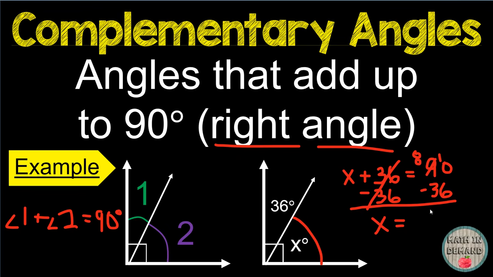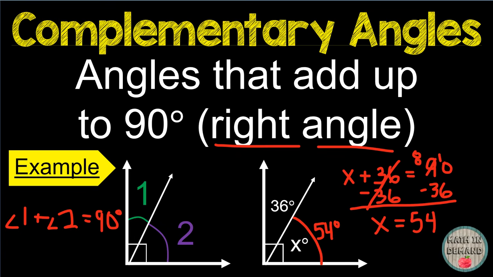This becomes 4. 8 minus 3 will give me 5. Therefore, x equals 54. Now, since I'm looking at this right here, I know x, my unknown, is 54. That tells me also that the degrees of this angle is 54 degrees.